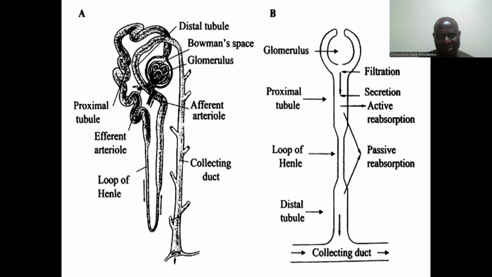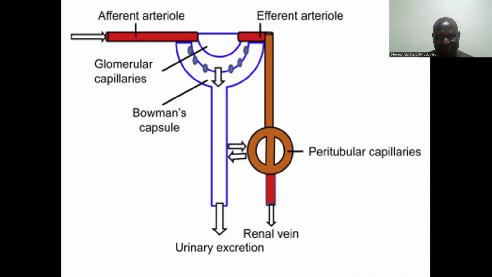I think this will be a better structure to describe this. This is the afferent arteriole that brings it here, and those drugs that are unable to be filtered have to go back here. As they go back, they form what we call the peritubular capillary around the tube.